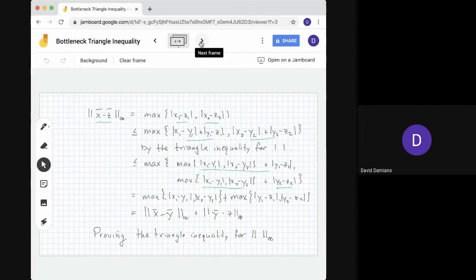Since we have the same maximum appearing in both, that's a constant. We can pull that out, take that constant plus the max of the remaining 2 terms, so we get the max of absolute x1 minus y1, absolute x2 minus y2, and then the max of absolute y1 minus z1, absolute y2 minus z2. That's just the infinity norm distance between x and y, plus the infinity norm distance between y and z. So that's the triangle inequality.